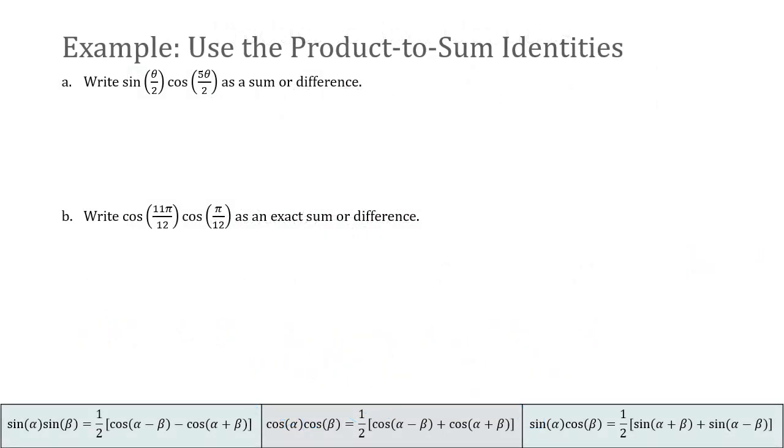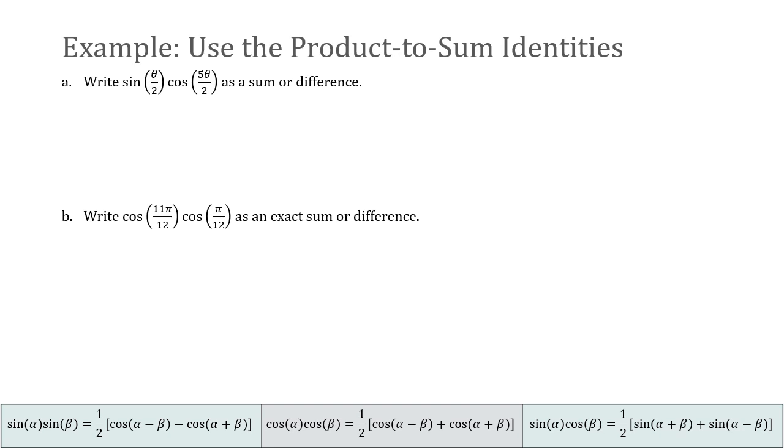All right, let's try some more examples. The first example, part A, says to write the sine of the quantity theta over 2 times the cosine of the quantity 5 theta over 2 as a sum or a difference. What we have here is the sine of something times the cosine of something else.